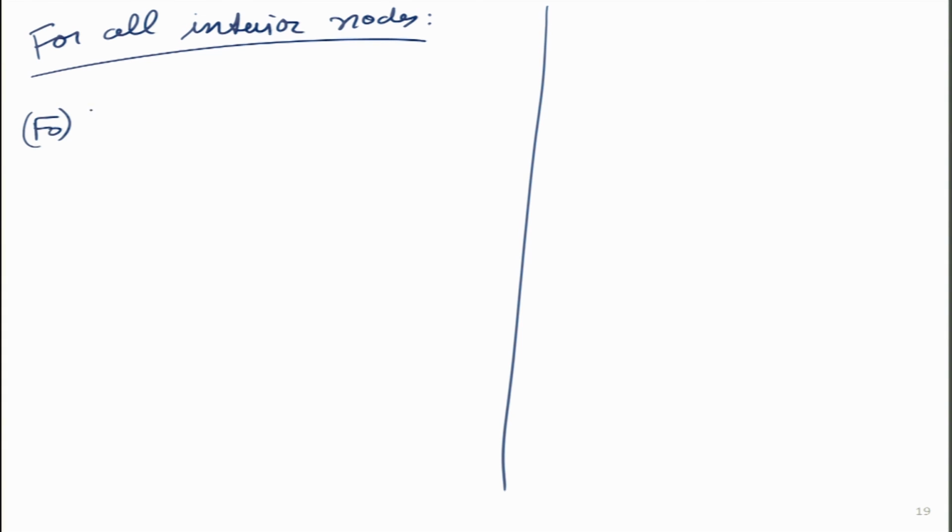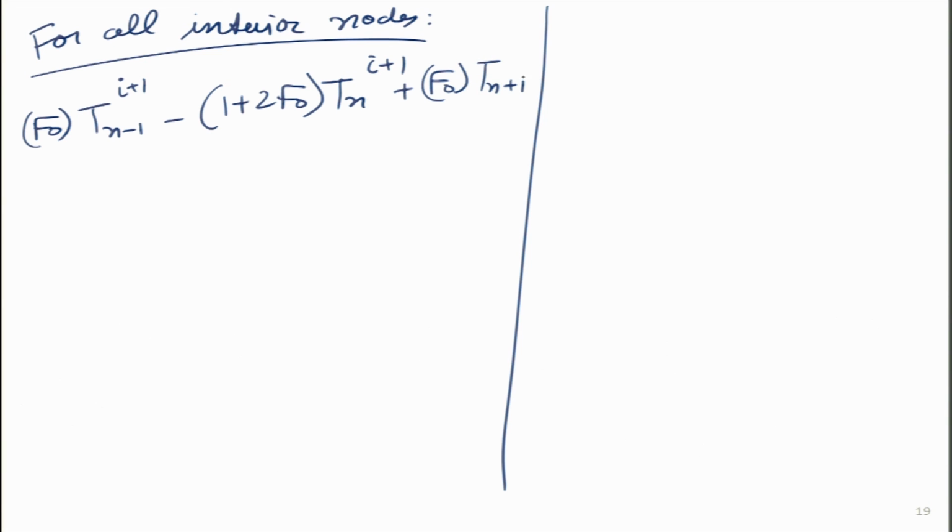So we can say for all interior nodes, what we get is something like Fourier Tn minus 1 i plus 1, minus 1 plus 2 Fourier Tn i plus 1, plus Fourier Tn plus 1 i plus 1 is equal to, on the right hand side, Fourier e dot delta x square by k minus Tn i.